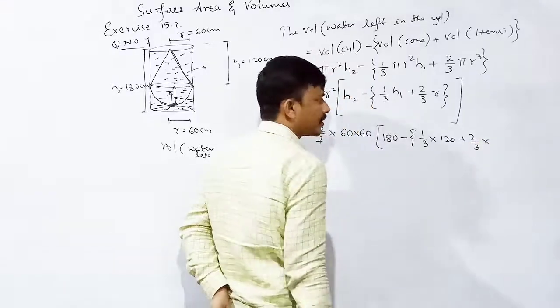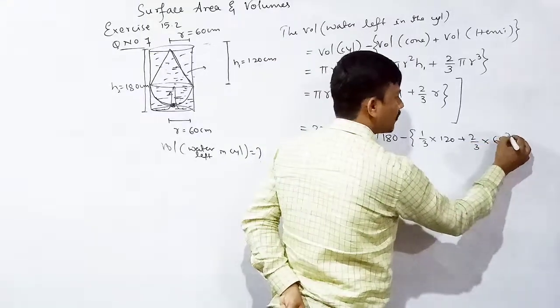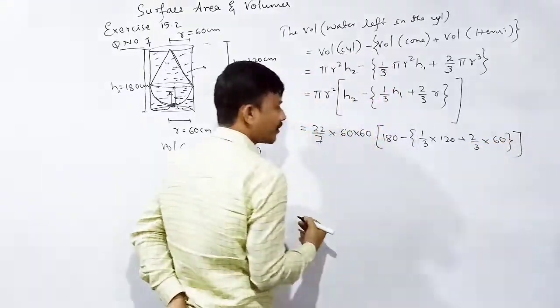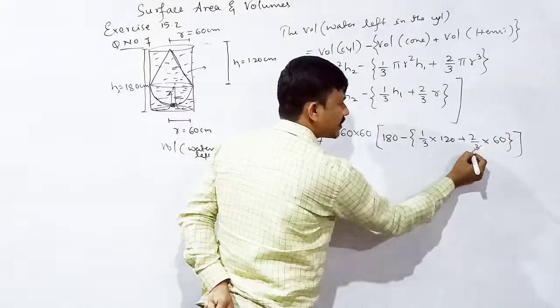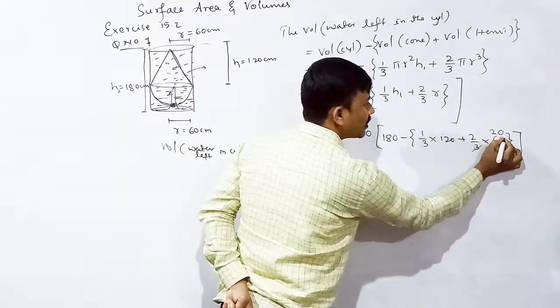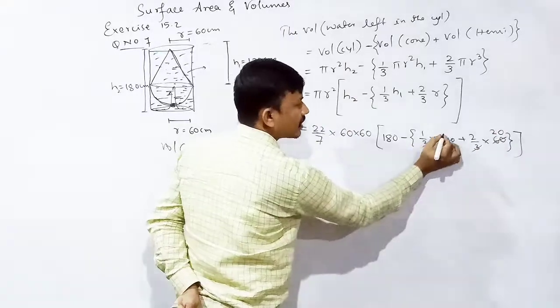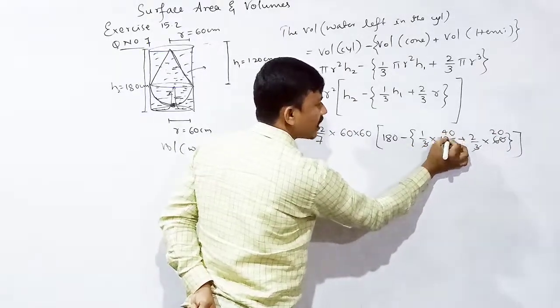What is R? 60. Flower bracket completed. Square bracket completed. 3 ones are 3, 3 twos are 0 as it is. Then 3 ones are 3, 3 fours are 0 as it is.